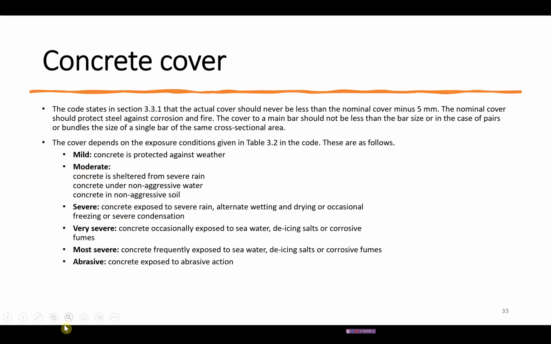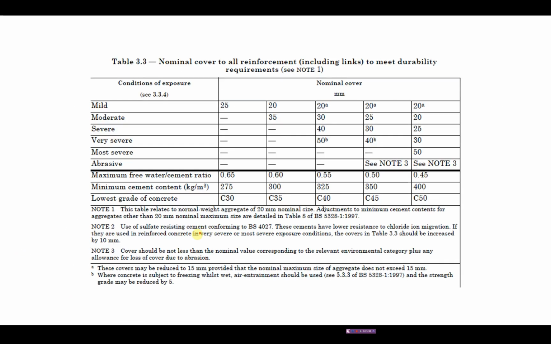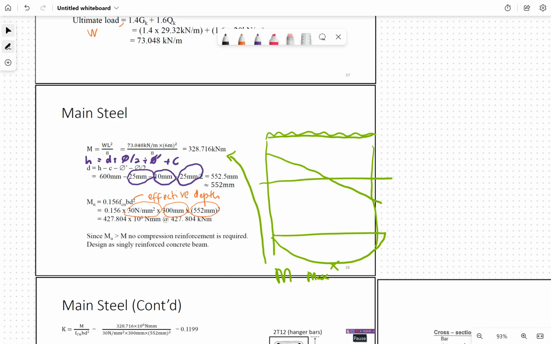Therefore, we take the value of this 25 as our value, mild. And the lowest grade of concrete is C30. So normally kita akan design 25 lah. Okay, based on our condition of the weather of Malaysia. Right. Then we get the value of 552.5.